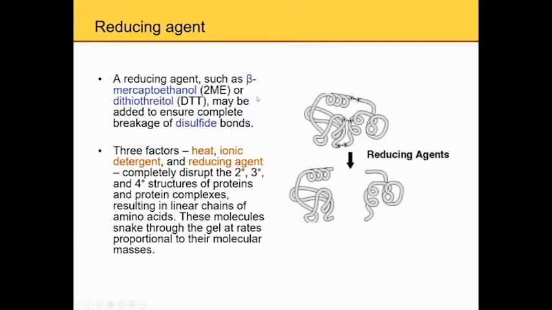And then these two chemicals, the reducing agents beta-mercaptoethanol and DTT, are important because they can break the disulfide bonds. And the heat also can break those hydrogen bonds.